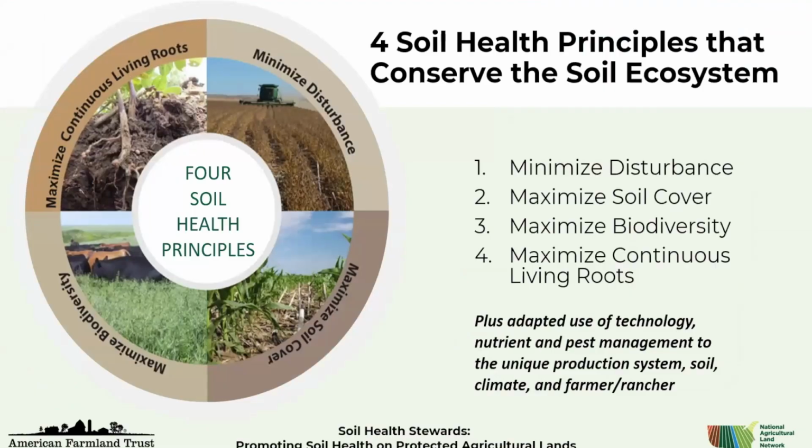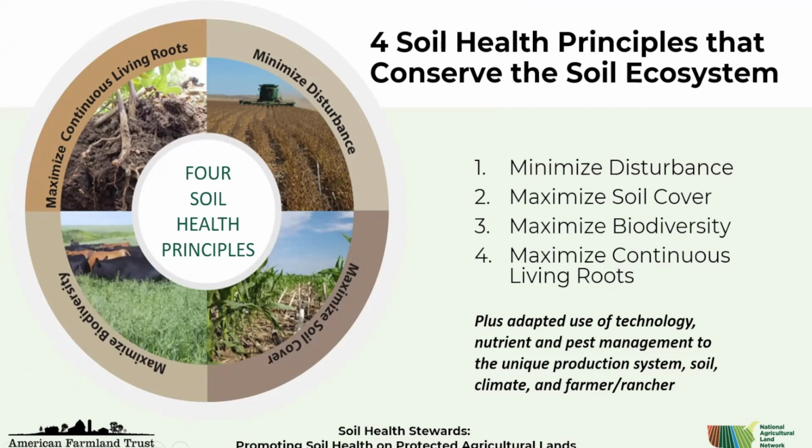So for the whole country, we can say, okay, there are 4 soil health management principles that we can put out there. And those 4 principles, if we can bring all of those 4 principles into our production systems in the way that they fit, we can resolve a lot of these issues.